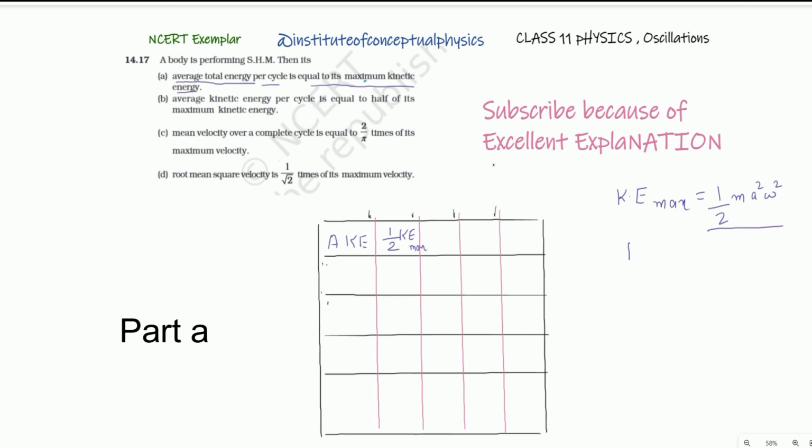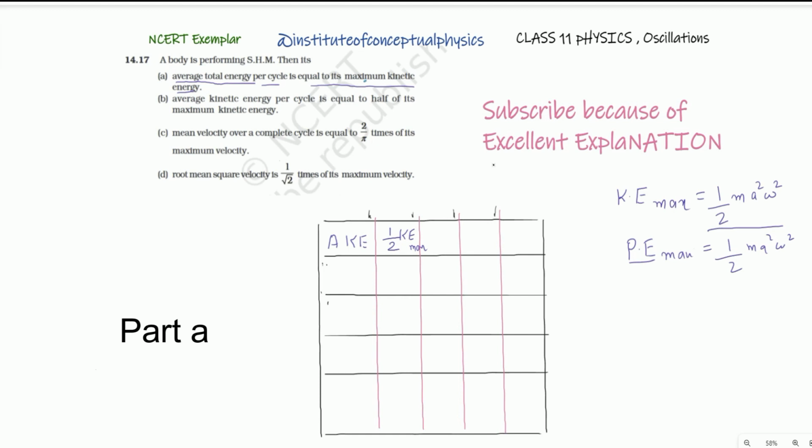Now if you talk about potential energy, which is the balance of the energy, the maximum value of potential energy is also the same, m a squared omega squared, because the energy keeps on fluctuating between kinetic energy and potential energy. The maximum value does not change, it's flat.